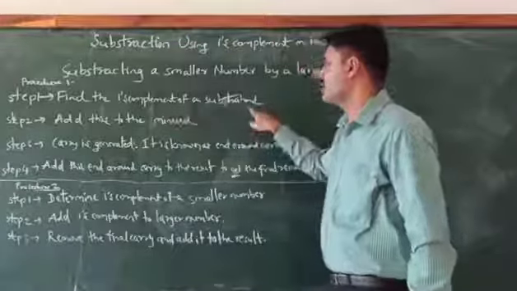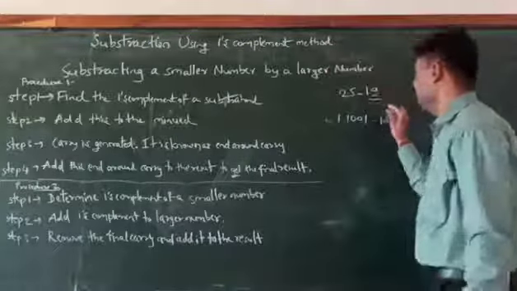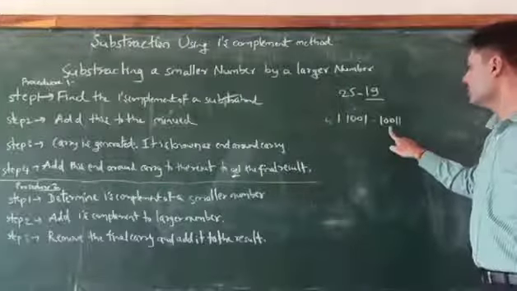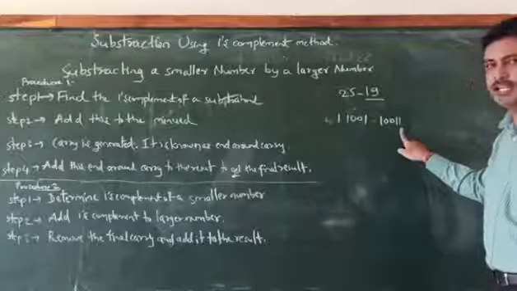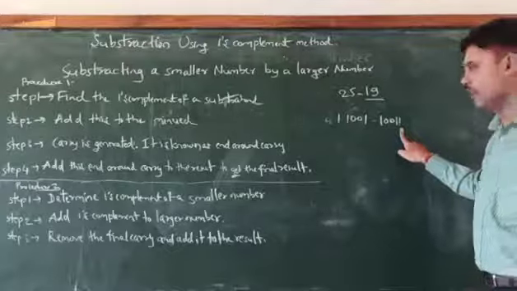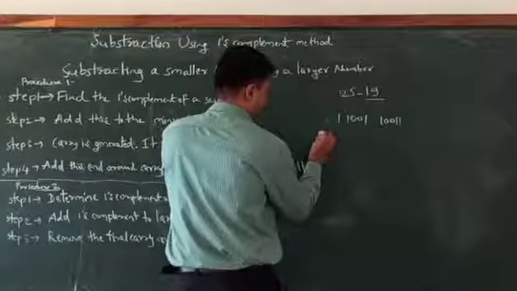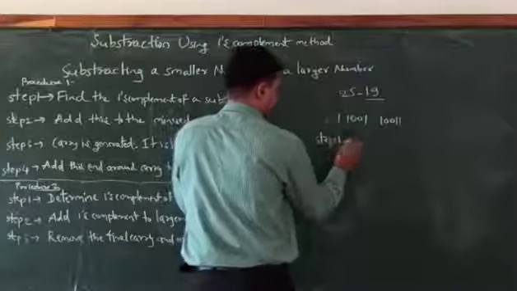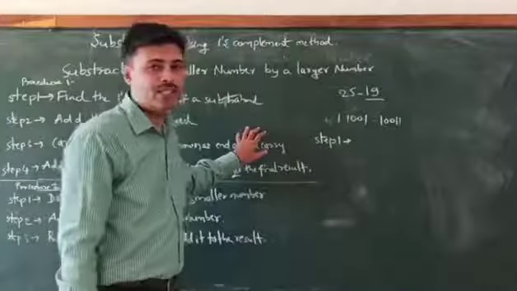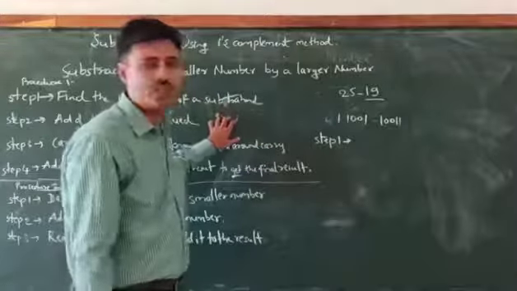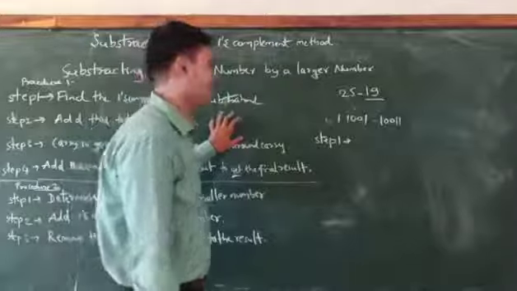Find the ones complement of the subtrahend. Subtrahend means here 19. We need to find out the ones complement of this number, that is 10011. Step 1: find the ones complement of a subtrahend, that is 10011 here.